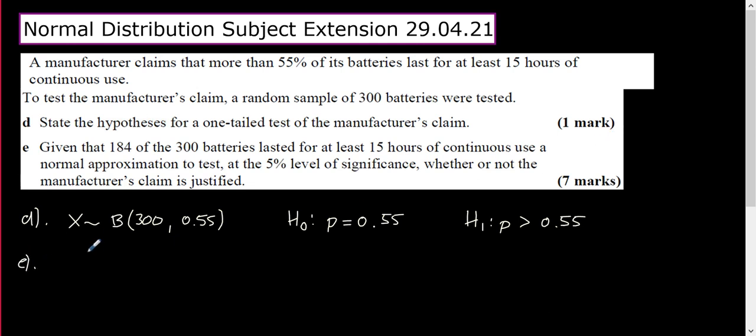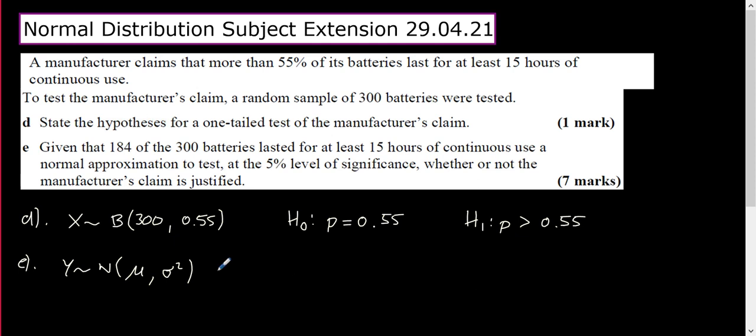So now we get into the normal part of this. Given that 184 of the 300 batteries lasted for at least 15 hours, use a normal approximation. So the normal approximation is this. We've got a Y variable. I'm just calling it Y to make it different from the original distribution. We need mu and we need sigma squared.